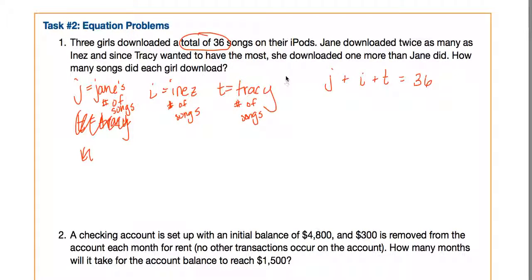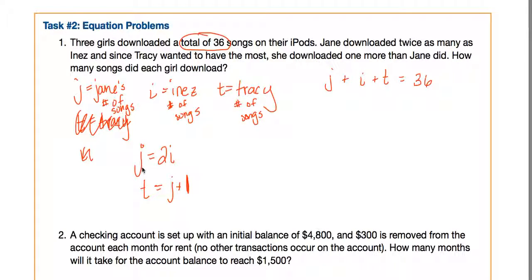You want to know how many each downloaded, and you can't do that with that many unknowns, so you have to relate them. But you know that Jane downloaded twice as many as Inez. So Jane's number of songs would equal 2 times the amount that Inez has. Tracy wanted to have the most, so she downloaded 1 more than Jane. So Tracy's number of songs would be Jane's songs plus 1.